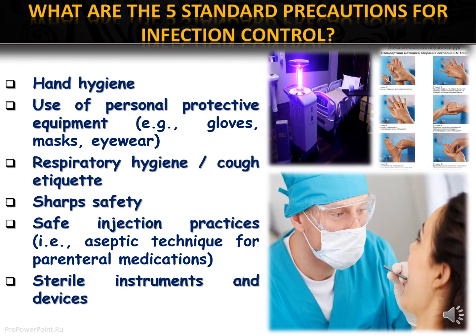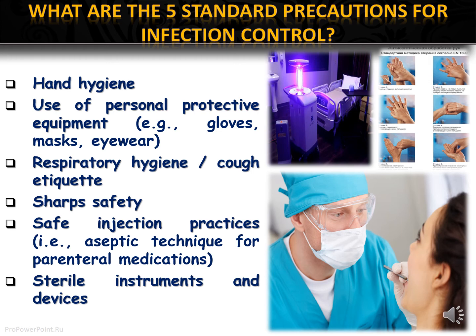What are the 5 standard positions for infection control? The first position is hand hygiene, the main position for infection control in any country, in any place. Then use personal protective equipment.